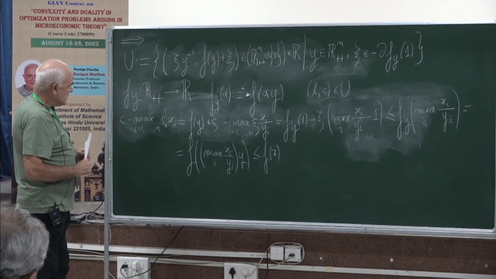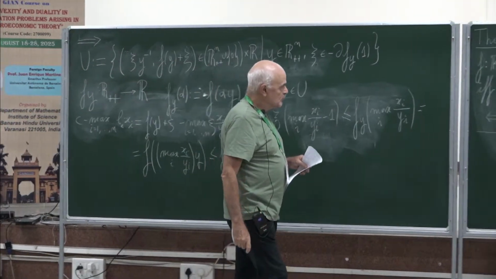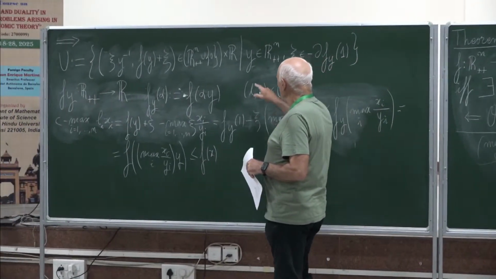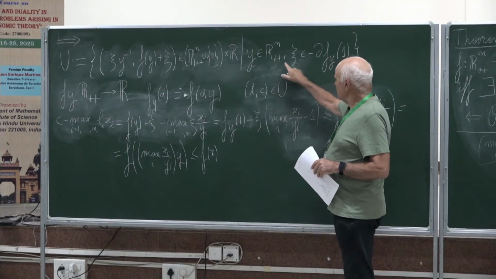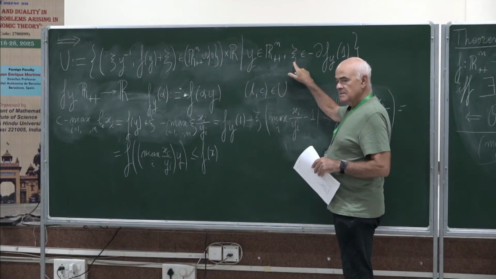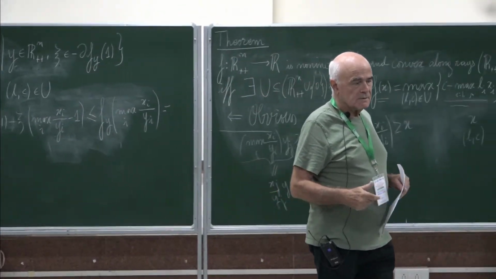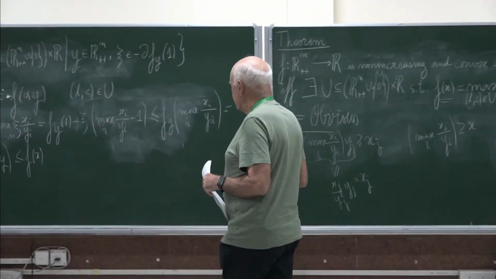So for which element do we have equality? Then what if we take y equal to x, which is in R plus plus n, and xi any subgradient with minus sign?